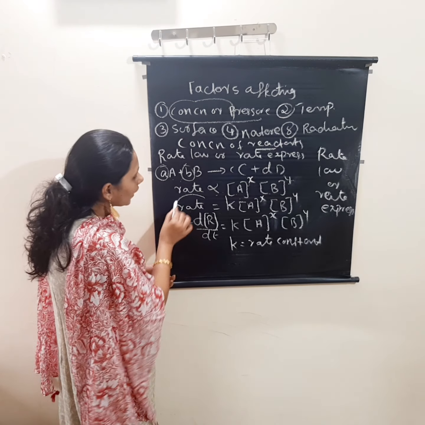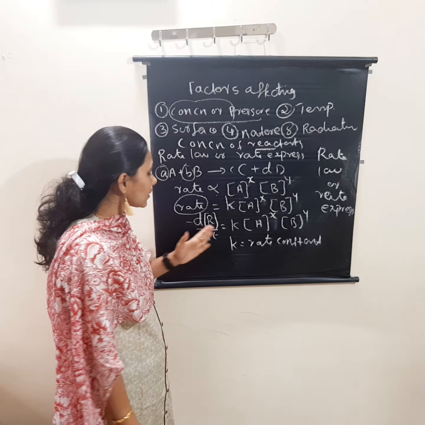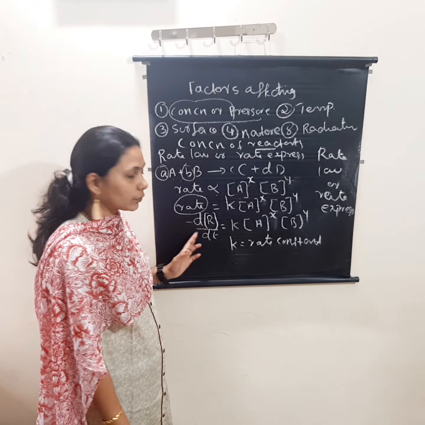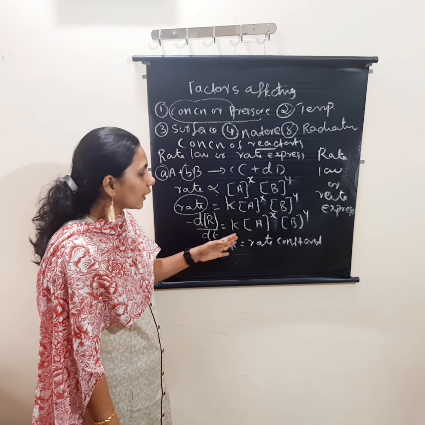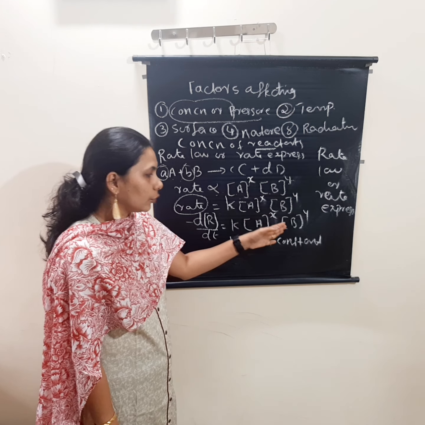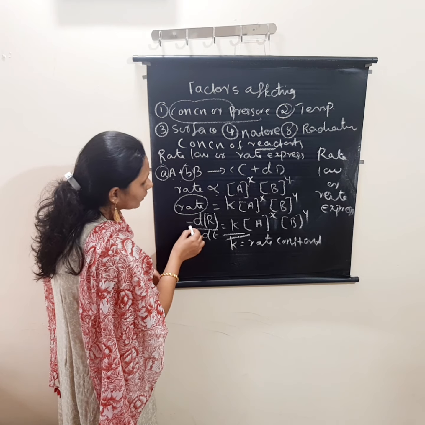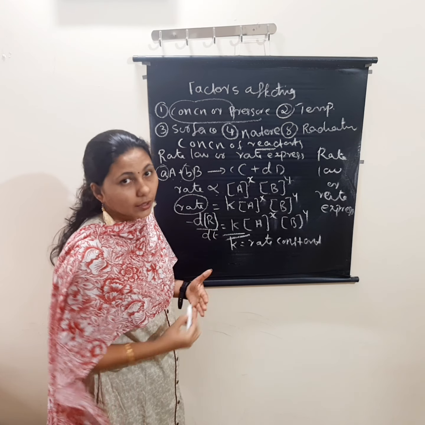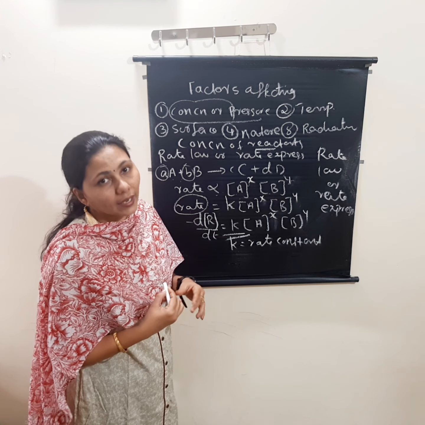Okay. We know rate. Last class we wrote the instantaneous rate, that is minus d[R]/dt equal to, this is according to the concentration of the reactant. So minus d[R]/dt equals k into [A] raised to x into [B] raised to y. So this is known as the experimentally determined rate expression or differential form of the rate expression.